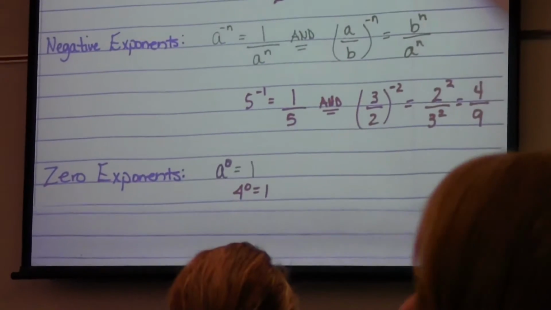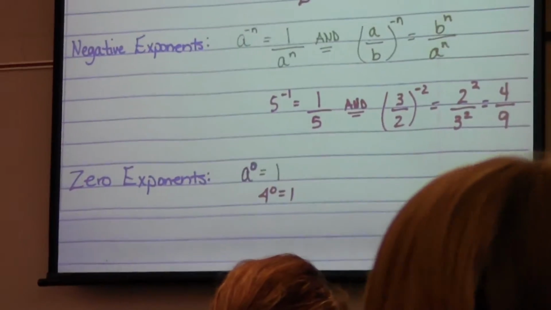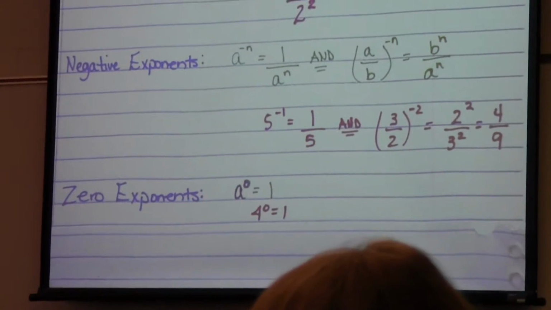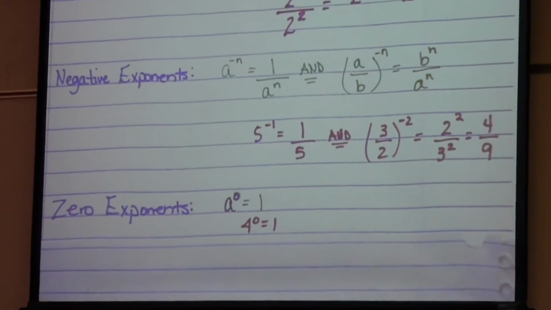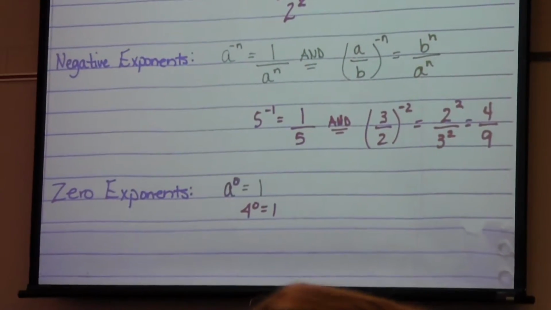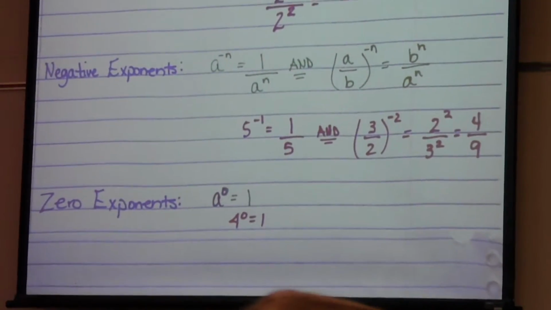My very favorite one is the 0. If you have 0 as an exponent, it equals 1. It doesn't matter at all what the number is. It could be 4. 4 raised to the 0 power is 1.